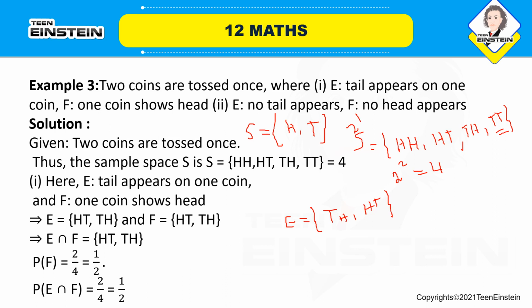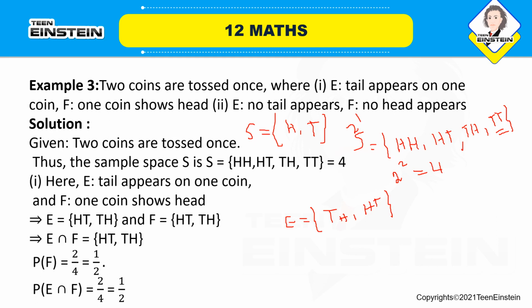F is one coin shows head. Like how you have defined E, you have to define F. One coin shows head, only one coin. So either I will get head in the first coin or head in the second coin. If you get head in the first coin, then the next one will be tail.